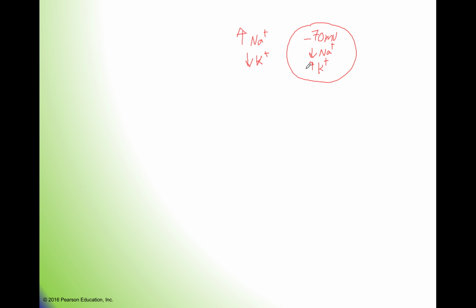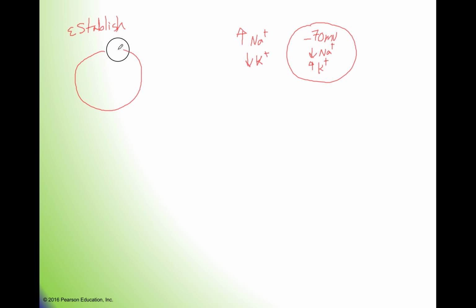These are essential ions that help maintain the electrochemical balance within your excitable cells. Now our goal is to understand how we establish and maintain this electrochemical gradient. So we're going to start by talking about establishing this electrochemical gradient.